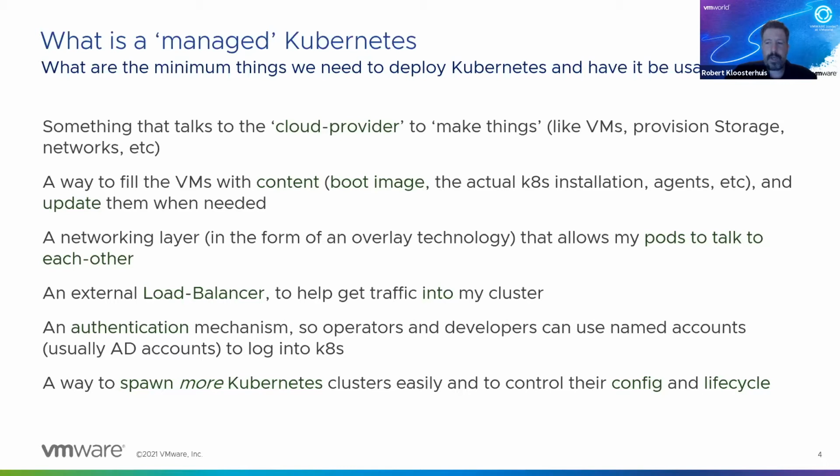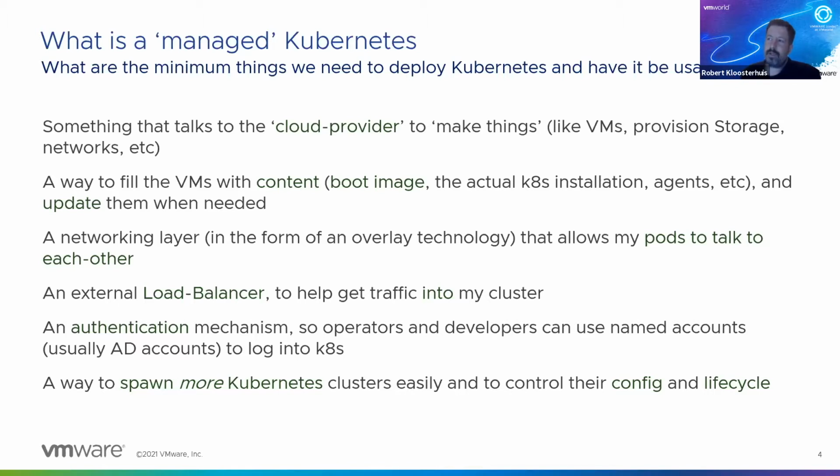But to make Kubernetes actually work in production, you need more than just Kubernetes. You need things like an external load balancer. You need a way to manage the life cycle of the VMs that the Kubernetes installation is living inside of. You might want an authentication mechanism to make sure that you're not just logging in with the default admin token.